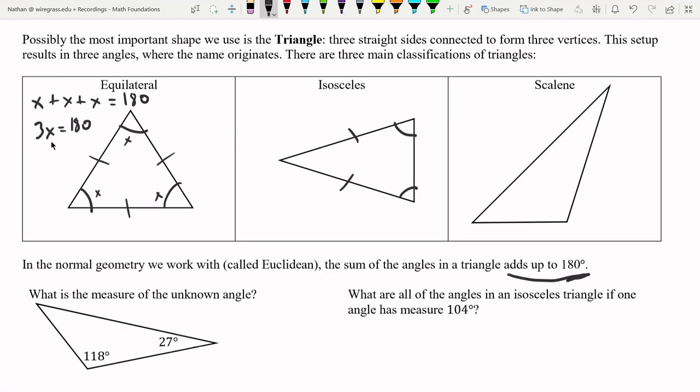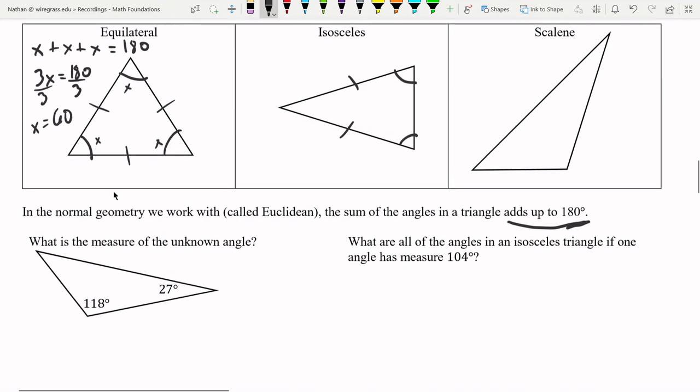That means we actually can find this, right? Divided by 3. All equilateral triangles have 60-degree angles on all three of the angle measurements. It cannot be anything else besides that. This is the only way that it can work out for all three angles to be the same.